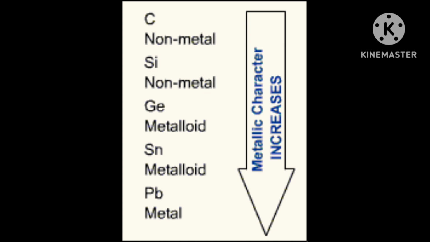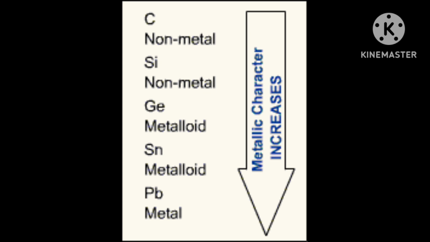Metalloid means it will have the character of metal and non-metal, and it will also show semiconductor property, meaning roughly 50% it will conduct electricity. All metalloids will show semiconductor properties also. So silicon and germanium, always think they are metalloids and semiconductors.